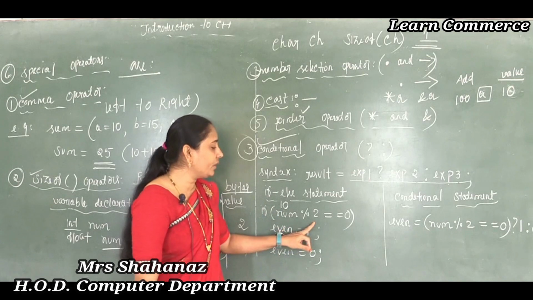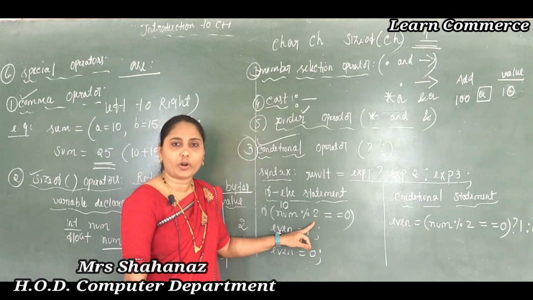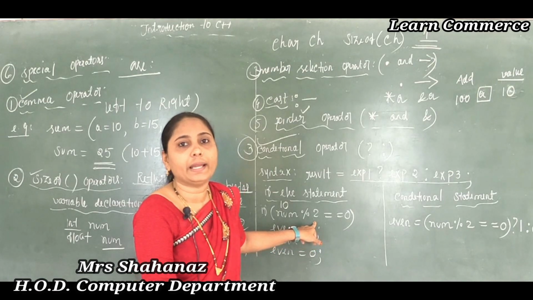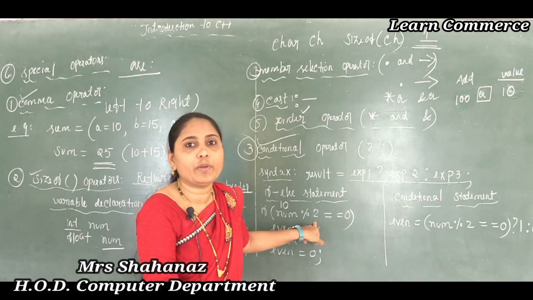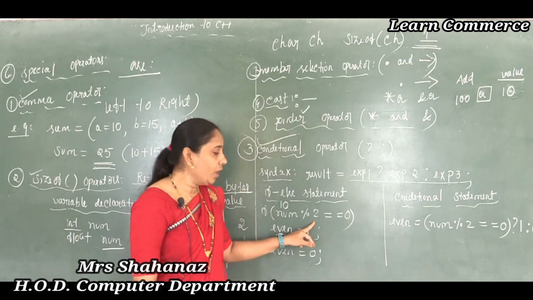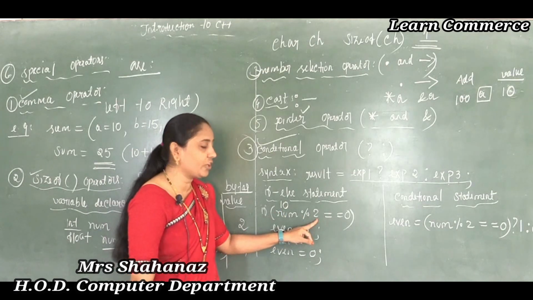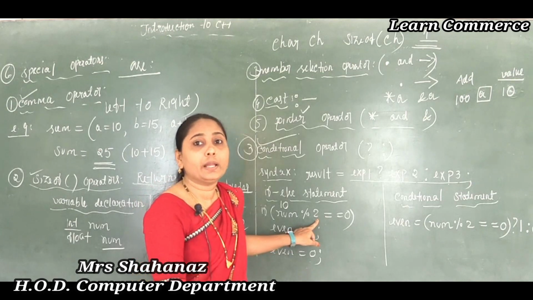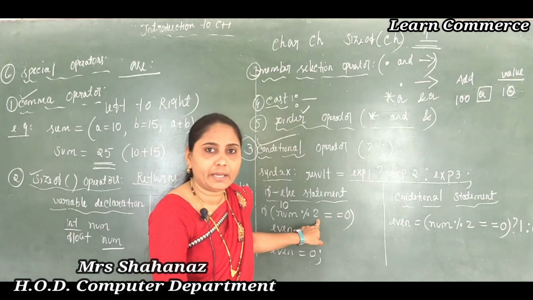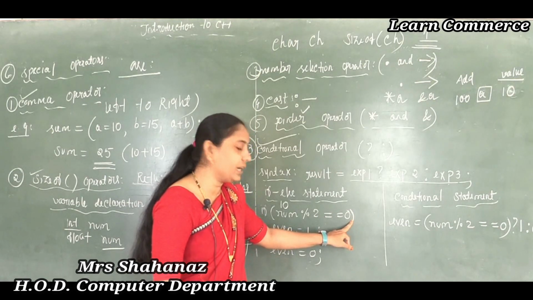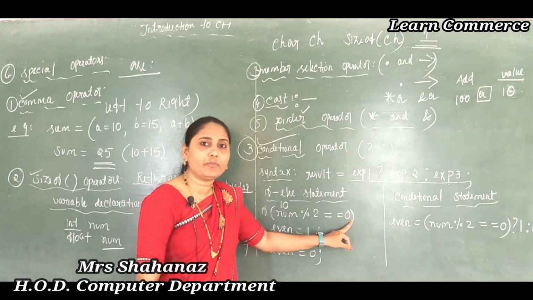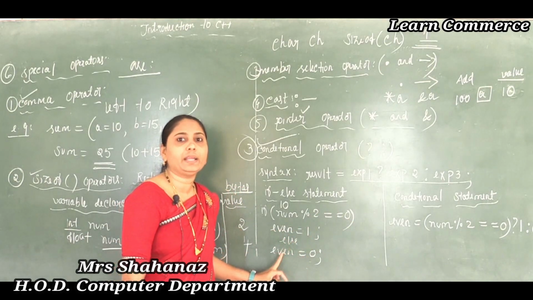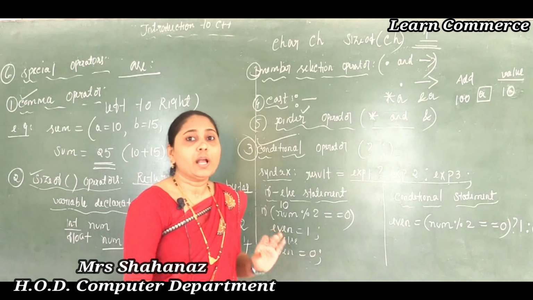So if num modulus 2 is equal to 0, as we know the modulus operator gives the remainder after an integer division. When we divide 10 by 2, we won't get any remaining part, so the result is equal to 0 only. If it gives the value 1, that means the odd case executes; if there is no remainder, the even case, E1 is equal to 0, is going to execute.